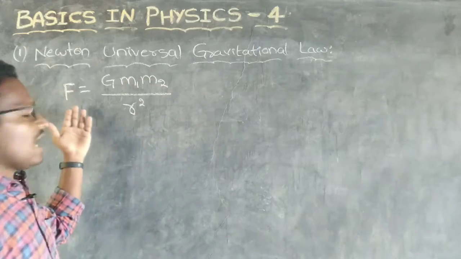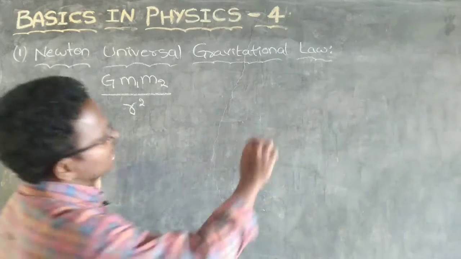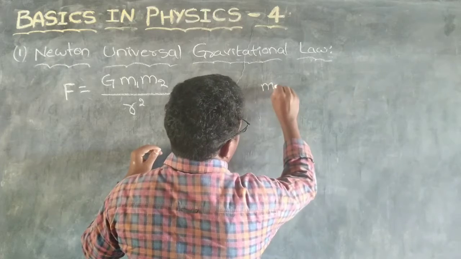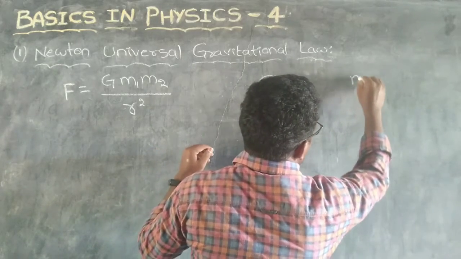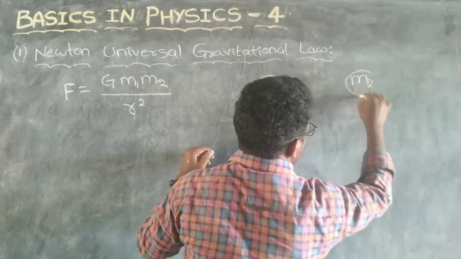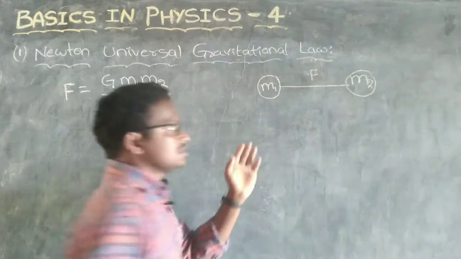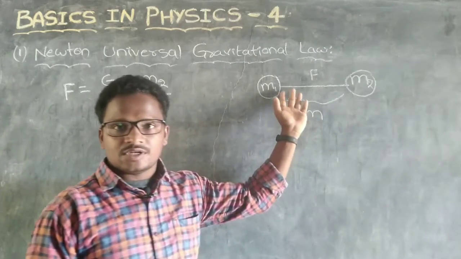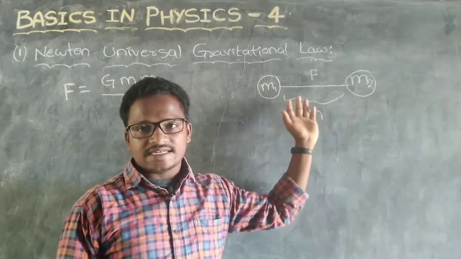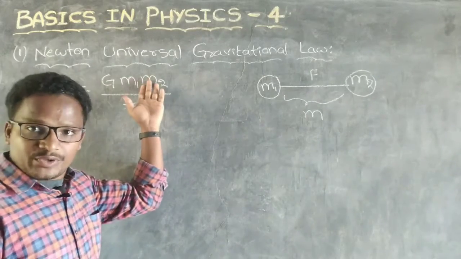Here m1 is one mass, then m2 is the next mass. Here r means distance between two masses.